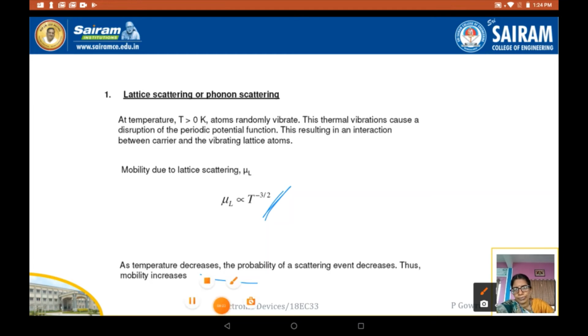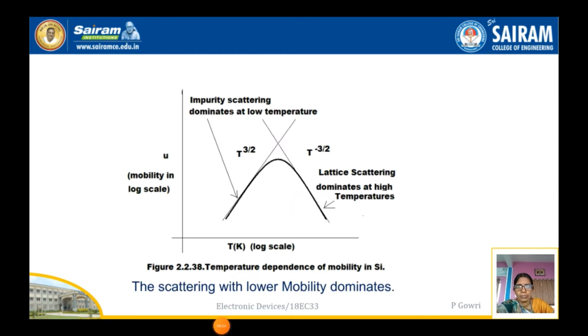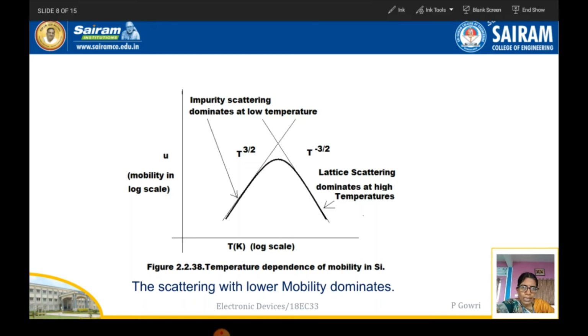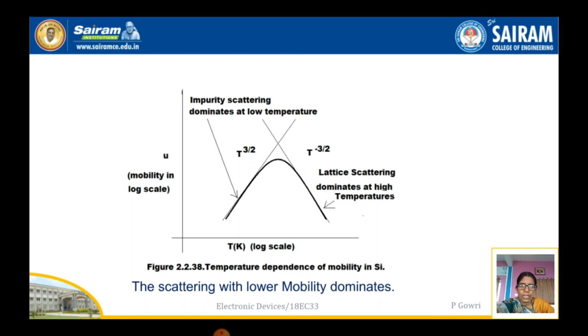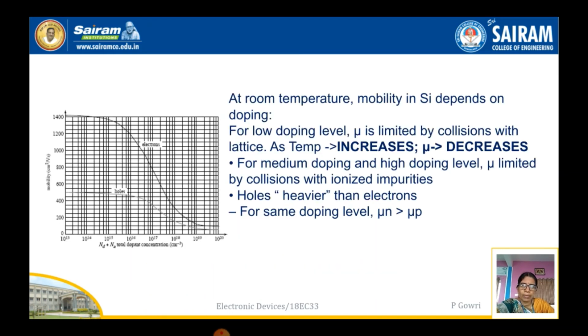Here you can see that the lattice scattering goes as T to the power minus 3 by 2, and it decreases as the temperature increases. This lattice scattering will generally be dominant at the higher temperature.